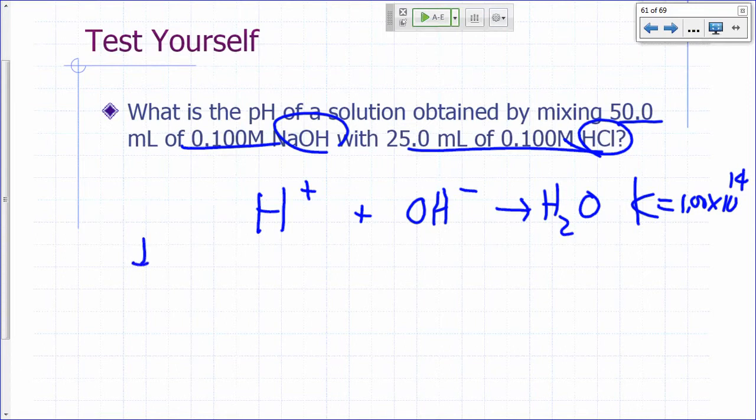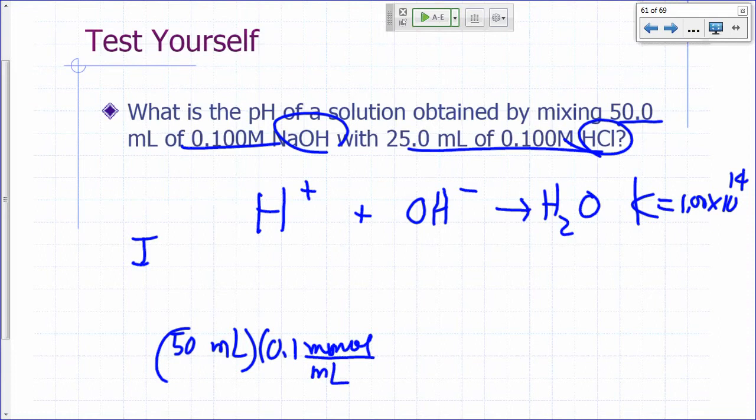So what's our initial concentration? Let's just do moles first, and we'll figure out concentration later, because we know this is going to go all the way, right? So let's just do moles. 50 mL times 0.1 millimoles per mL is how much?